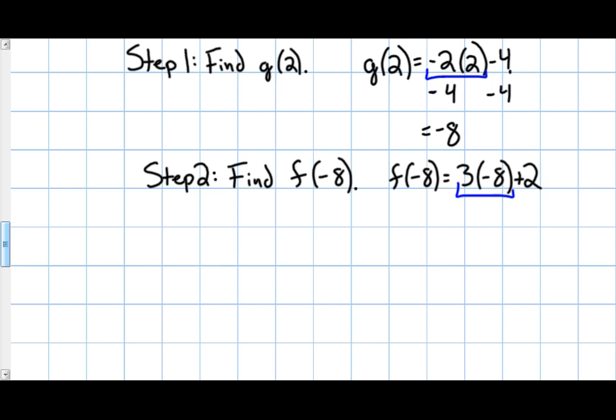Well, 3 times negative 8, that's negative 24, plus 2. Negative 24 plus 2 is negative 22. So that's going to be our solution then.